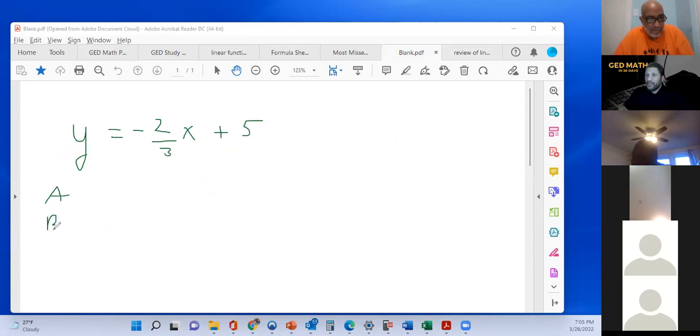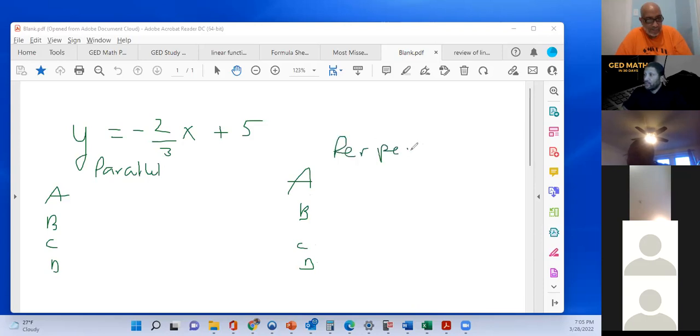A, B, C, D, A, B, C, D. In this first set, I want to find the equation that's parallel. In the second set, I want to find the equation that's perpendicular.